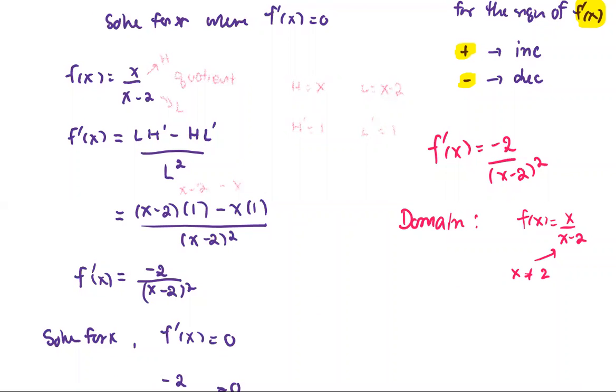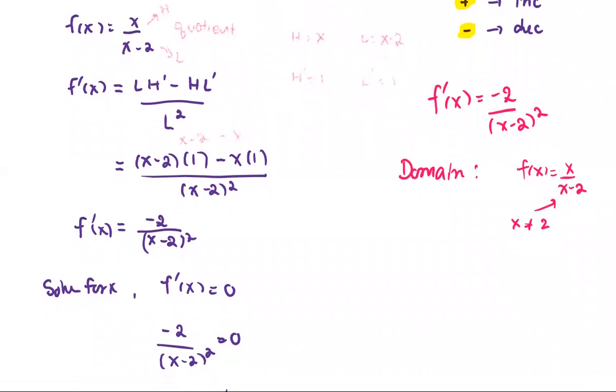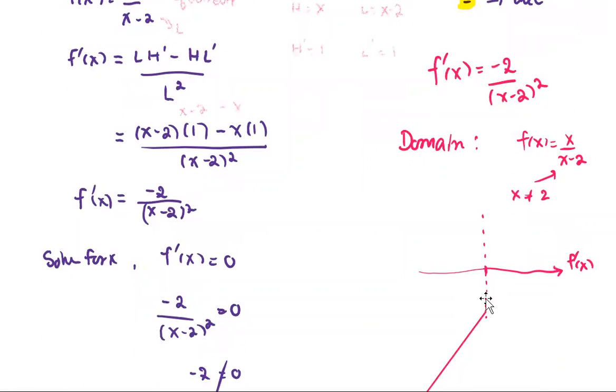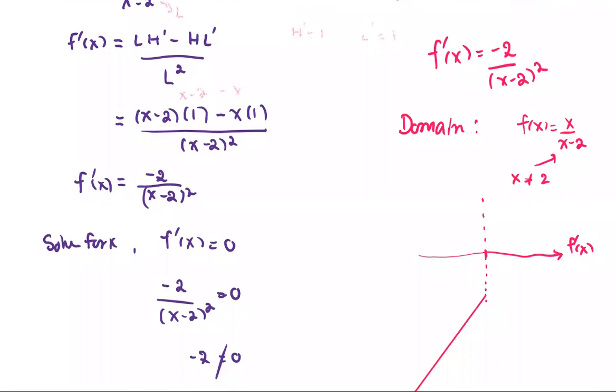x cannot be 2. So we're going to use the real number line to represent the f prime, and the point where the graph is not defined would be x equals positive 2. At x equals 2, there is no graph, so I draw the dotted line.